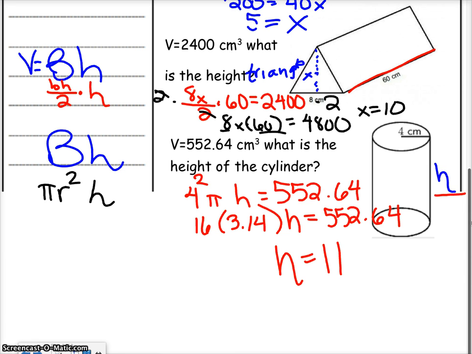So that's what I did. So again, my strategy here is I always wrote big BH to figure out what formula I'm working with, because I need to know what numbers do I need to work backwards with. So you must know what your big B is.